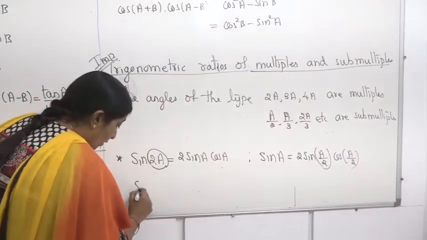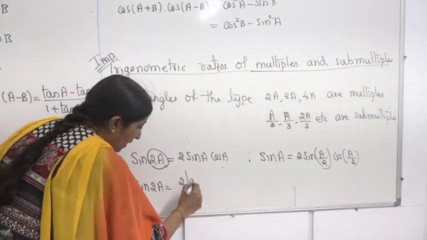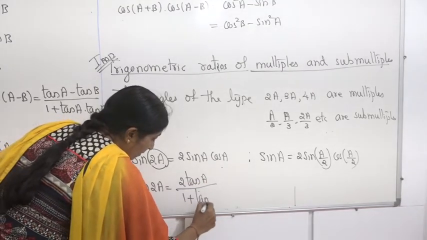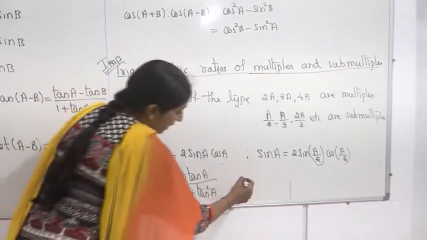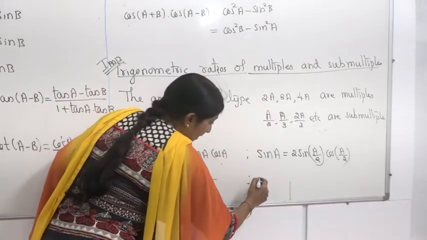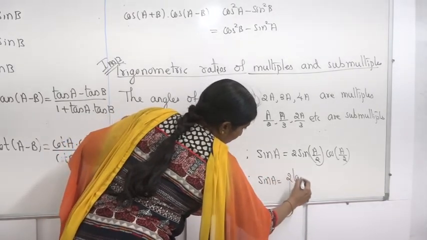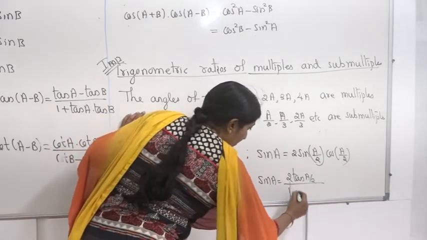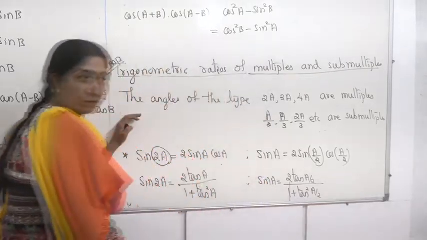And for sin 2A we have one more: 2 tan A / (1 + tan²A). Here also the angle becomes half. Exactly opposite, I am writing the submultiple: sin A = 2 tan(A/2) / (1 + tan²(A/2)).